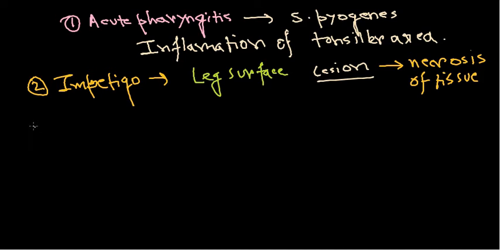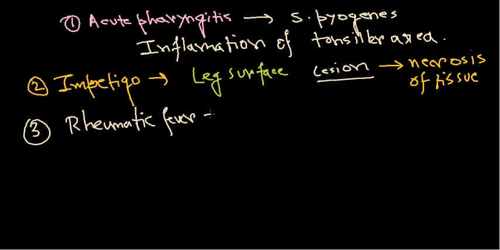Now the third kind of disease condition that can be caused by Streptococcus species, especially Streptococcus pyogenes, is rheumatic fever. It is mostly caused by this hemolytic kind of Streptococcus, and rheumatic fever is an autoimmune disease.